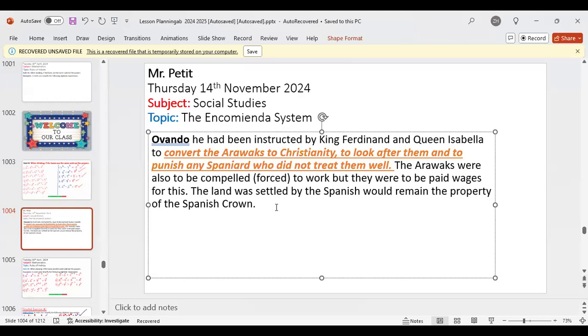Especially if the king and queen send you, then you find a land that is the territory of the Spanish crown in this case. And the Arawaks were to be entrusted.